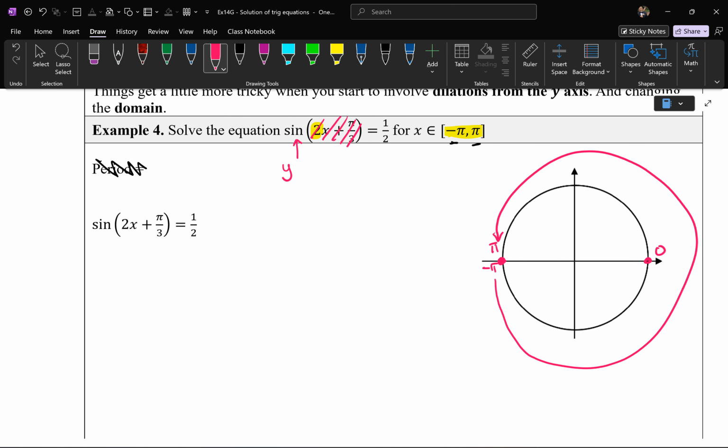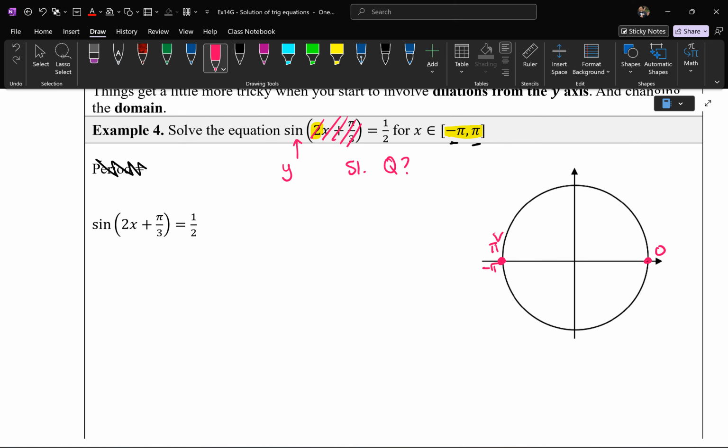Y. This is my y values. And all I'm asking is, sine, which is y, when is it going to be positive half? So I'm really asking, where will my y values be positive? Which quadrants? Step 1. Step 1 was, which quadrants will I have y values being positive? Which quadrants? 1 and 2.